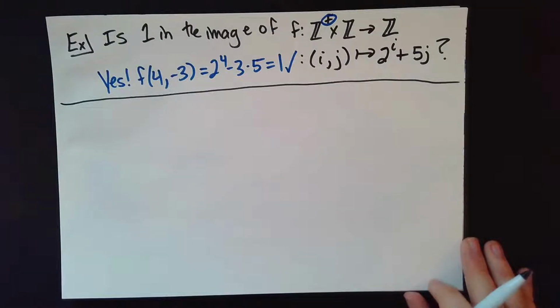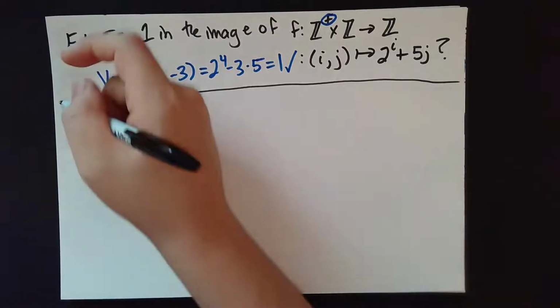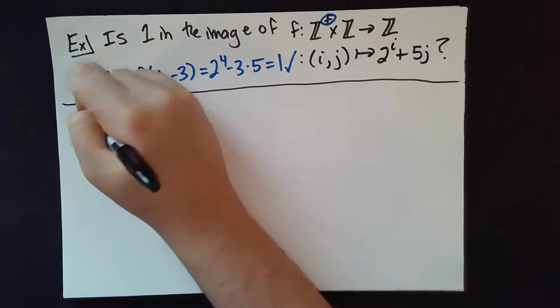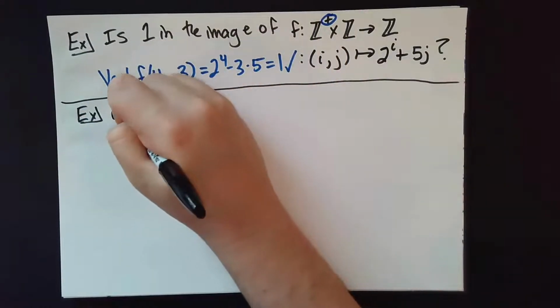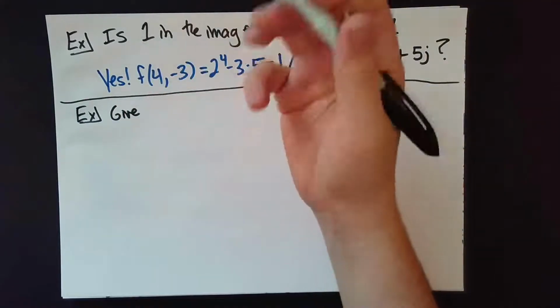Okay, so let's now look at giving some examples of non-constant, non-piecewise functions between two particular sets.